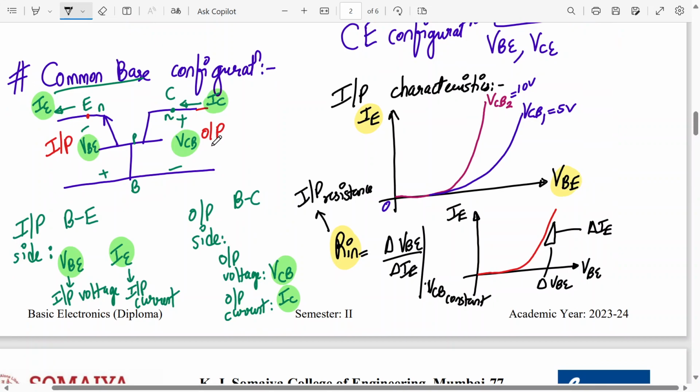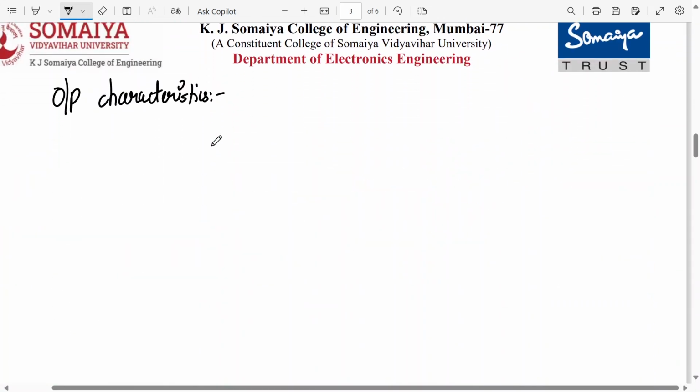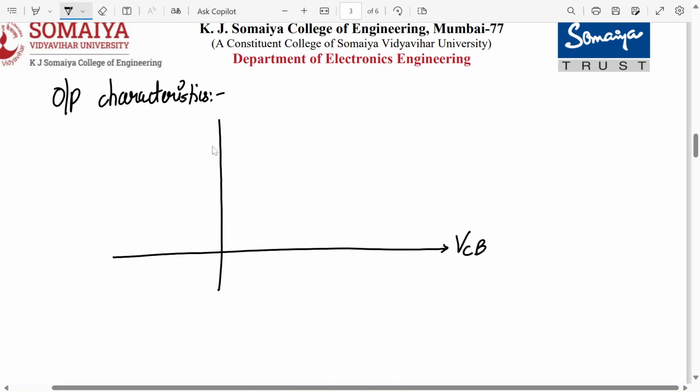So, what is my output voltage over here? Tell me. VCB. And what is my output current? IC. Yes. तो ये ग्राफ को कैसे बनाना है ध्यान से देखिए. You leave some space on the left hand side also. So this is VCB versus IC.